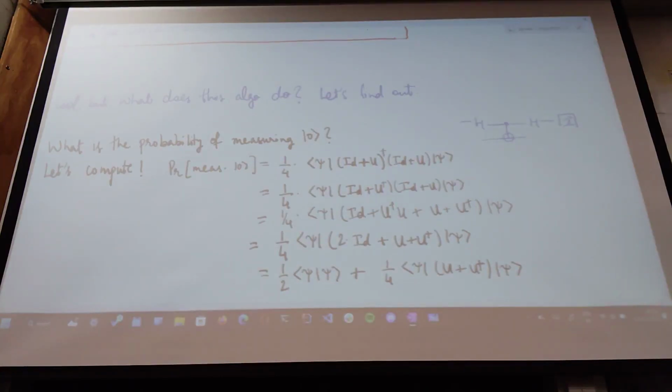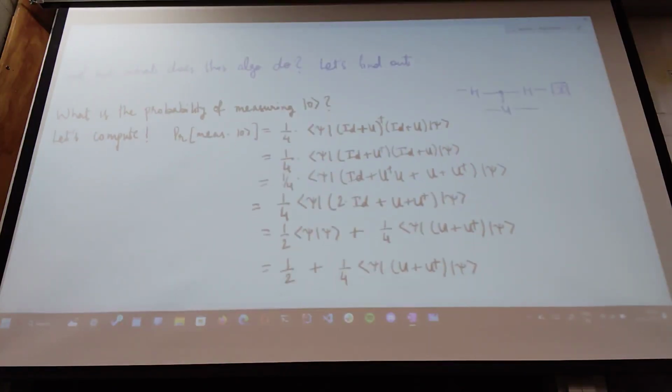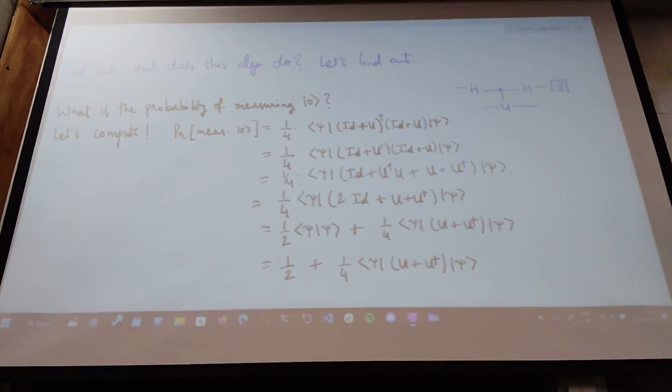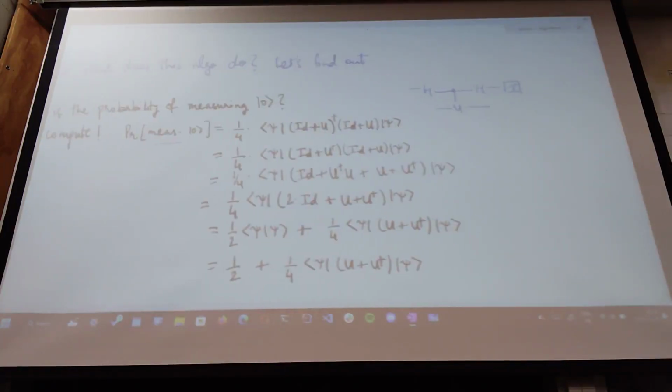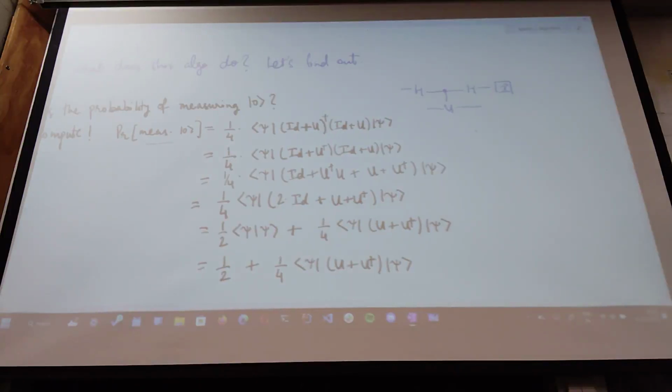Right, so from Hadamard's lemma, and I guess we are considering the general case, so this is some u. And applying the projectors, the probability of measuring 0 is technically 1 over 2 psi, identity plus u, psi.